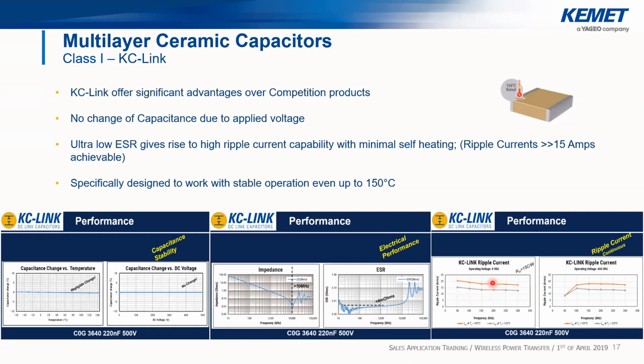So here what we are showing is the current capabilities of a C0G 220 nanofarad 500 volts. And we see that at higher operating frequency, higher than 1 kilohertz, we start seeing very high current capabilities of this series, and we are higher than 50 amps per capacitor.